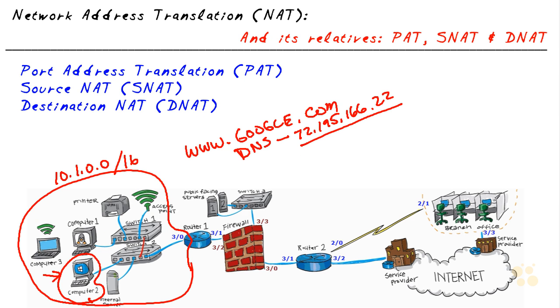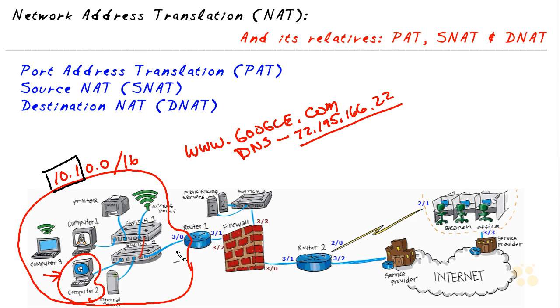And the way Bob's computer makes that decision, it looks at the network address that it's currently on, which is 10.1, and it compares it to the first two octets, in this case, of the IP address it's trying to reach. And if the network portion of Bob's address does not match the destination, Bob knows two things. Number one, it's not local. It's not on my local network. And secondly, Bob is going to need the help of its default gateway.